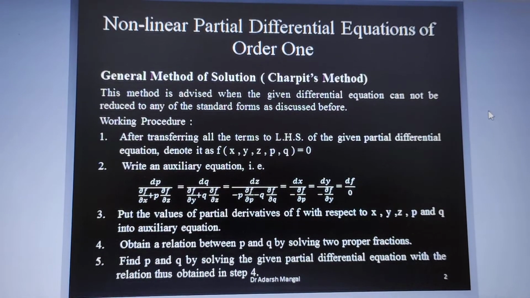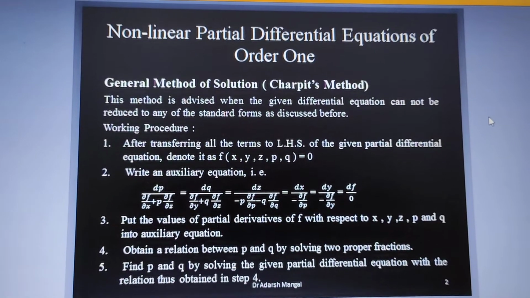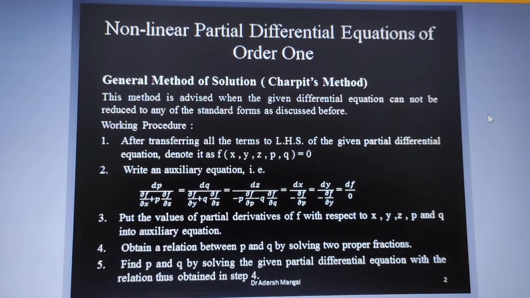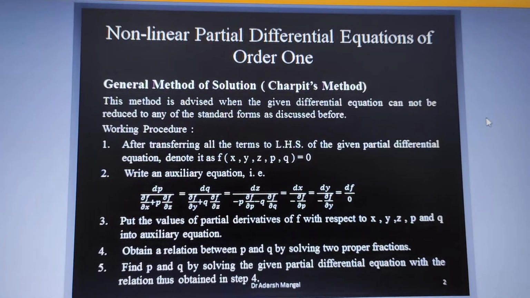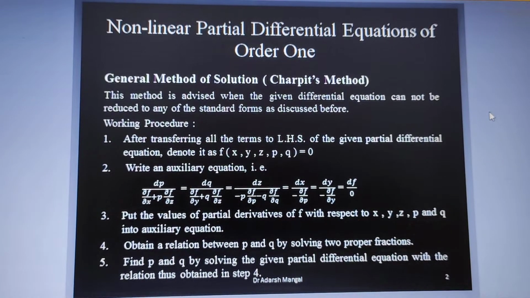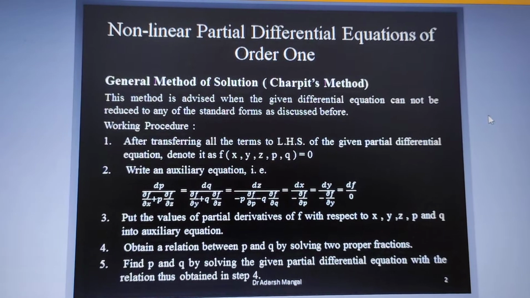Now put the values of partial derivatives of f with respect to x, y, z, p and q, that means del f upon del x, del f upon del y, del f upon del z, del f upon del p and del f upon del q, into the auxiliary equation.